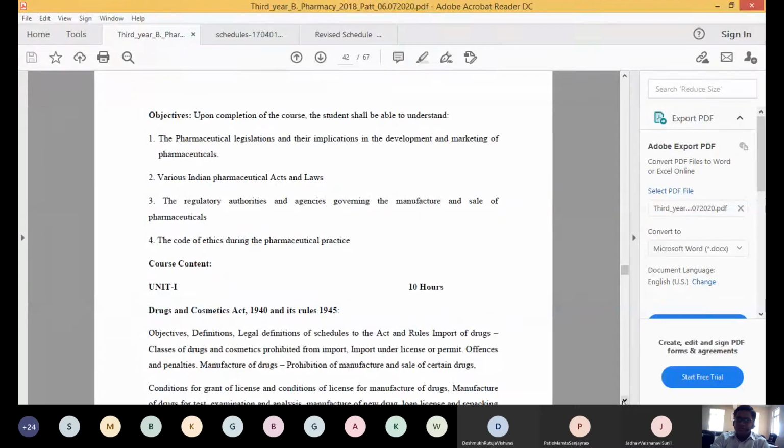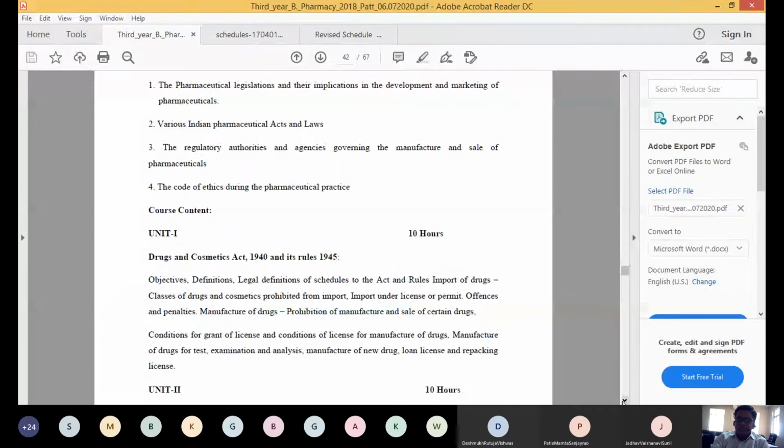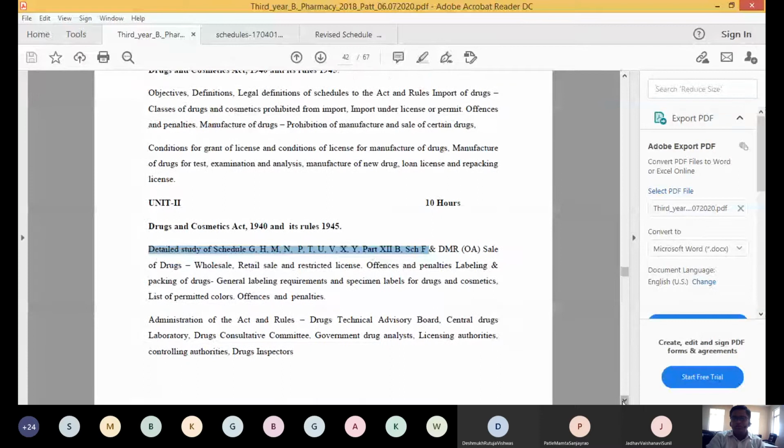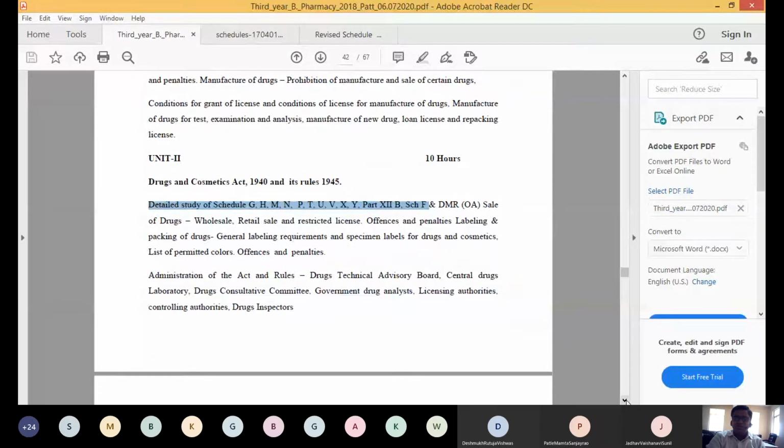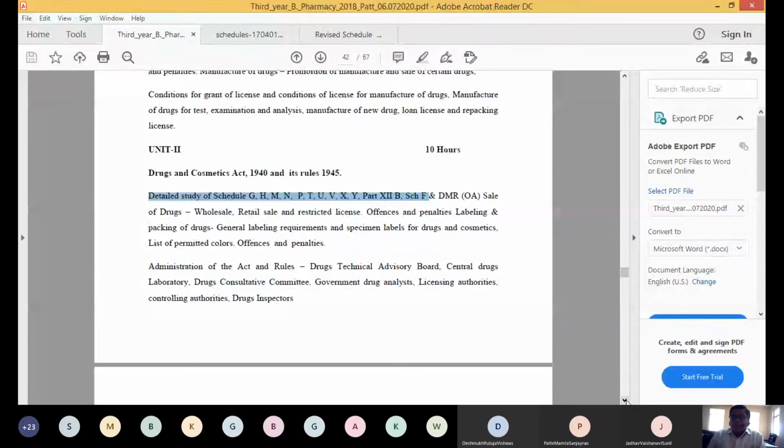Unit 1 we have discussed in detail. In unit 2, now each schedule we have to discuss in detail. Primarily what each schedule contains, we have discussed, in the form of a definition or small introduction of each schedule.